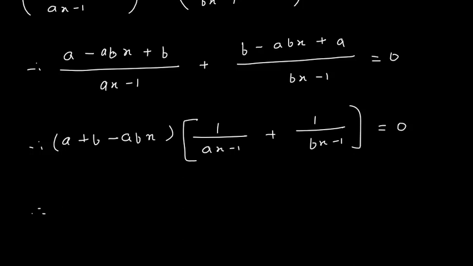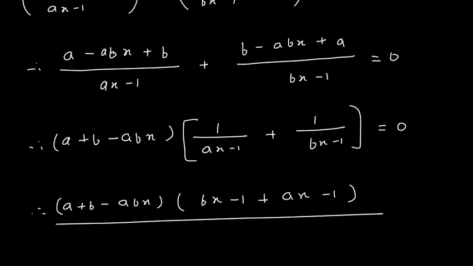So therefore a plus b minus abx into here it is bx minus 1 plus ax minus 1 whole divided by, we have ax minus 1 into bx minus 1, this is equals to 0.